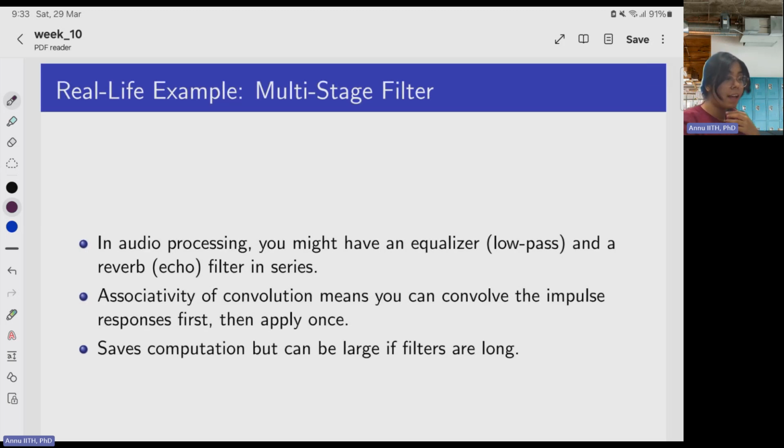Anyone can tell me what is a real life example of a multi-stage filter?